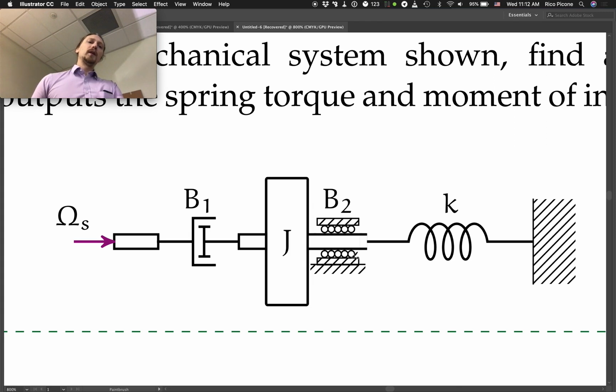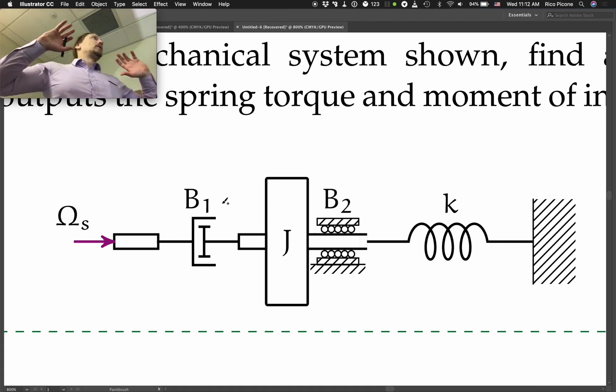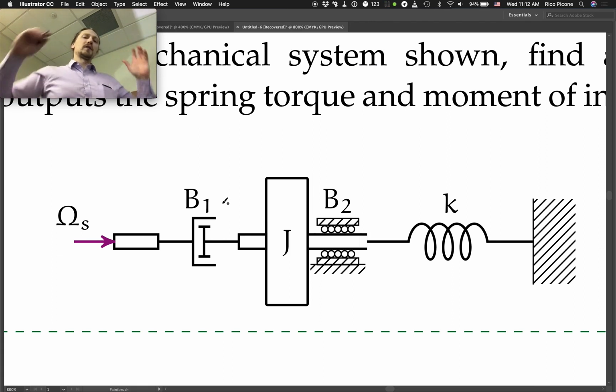This would be a cool way to do it, because with B1, this drag cup, when the angular velocity of this side is 0 and the angular velocity of this side is 0, there's no torque transmitted, right? And if it's going really slowly, there's really no torque being transmitted, because the torque that it transmits is proportional to the velocity.